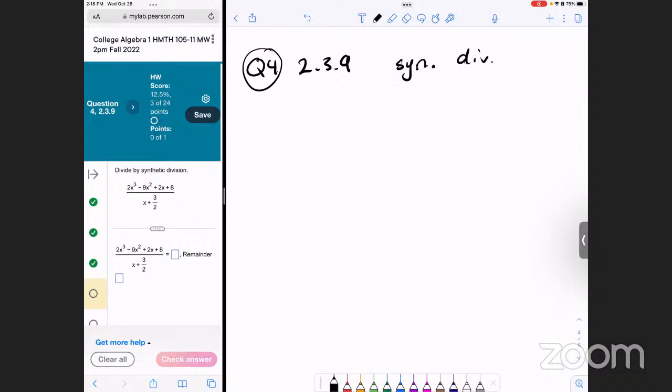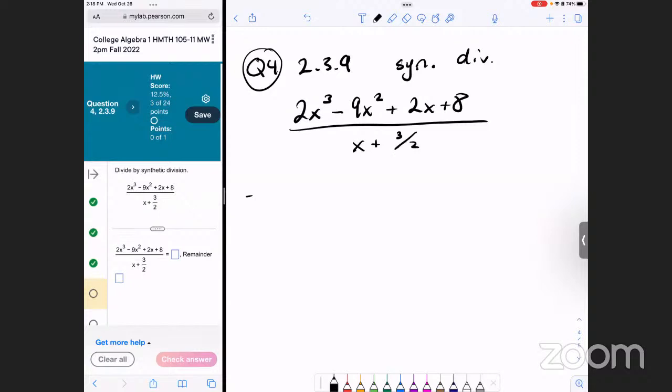We got 2x cubed minus 9x squared plus 2x plus 8. We want to divide that by x plus 3/2. That means a negative 3/2 as the 0 goes into the chair. Since we have a power of 3, we need 4 terms. We have all 4 terms, so we don't need any placeholders.